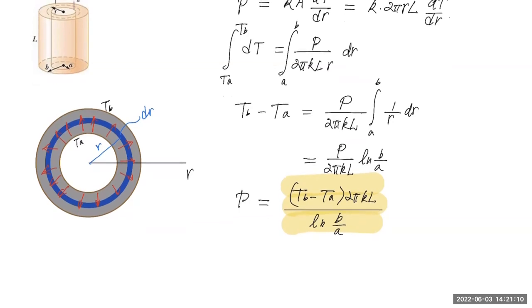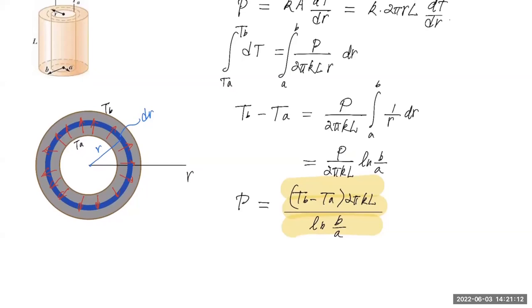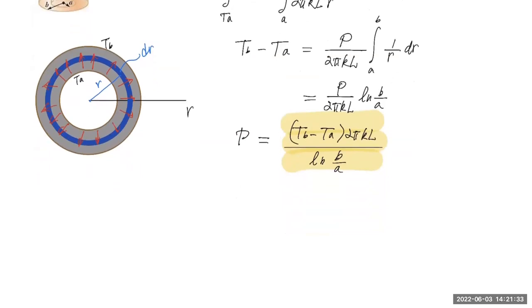Now, you can imagine if the overall thickness, which is B minus A, is a lot less than A and B, then look at a very thin shell, right? For a very thin shell, the cross-section area is pretty much uniform, right? For uniform cross-section, I know how to calculate the thermal power.